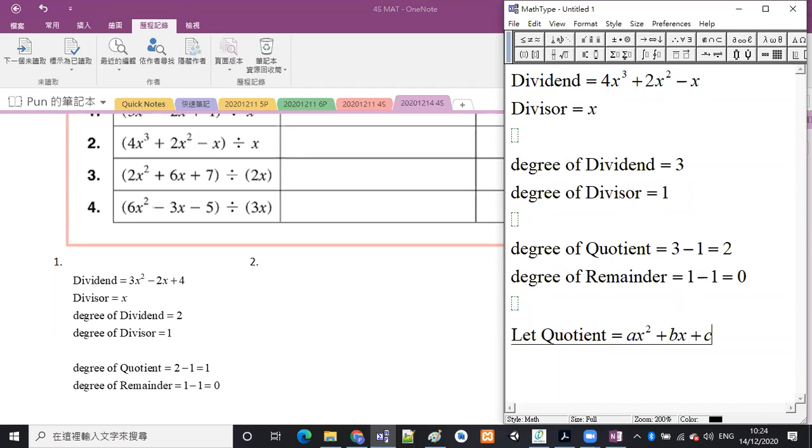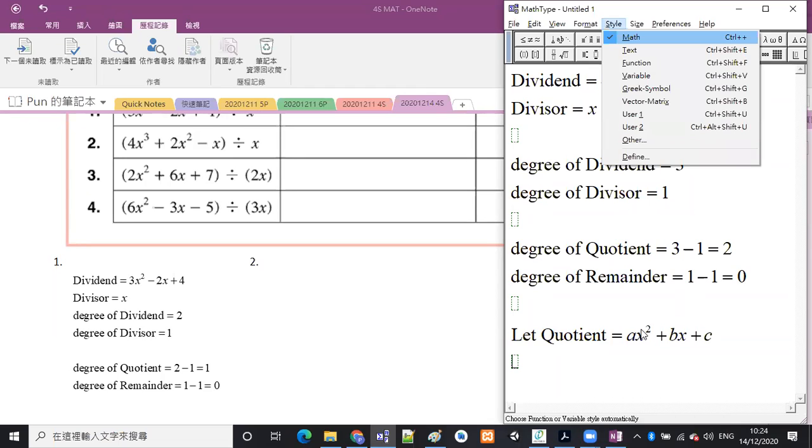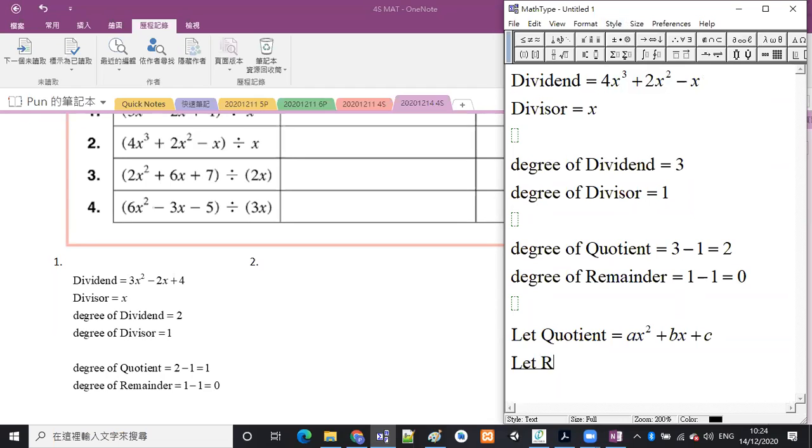Then you stop here, and then the remainder, we also let the remainder be because the degree is equal to 0, therefore it is just a constant term. And we have ax squared plus bx plus c being the quotient, so the remainder should be just d. Okay. And now we can formulate the equation by using the division algorithm.